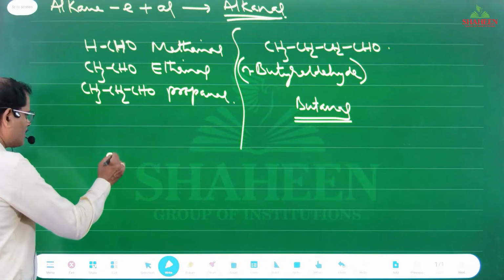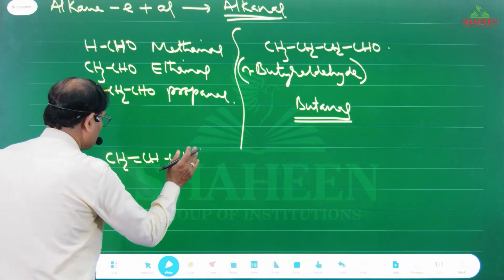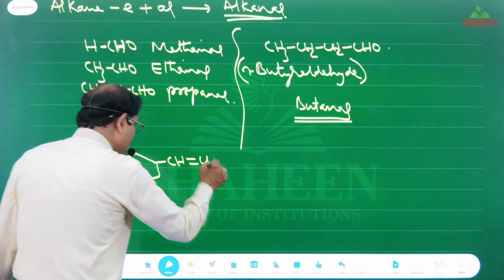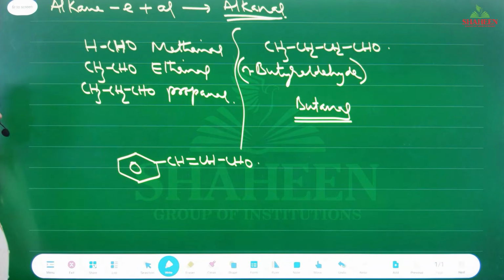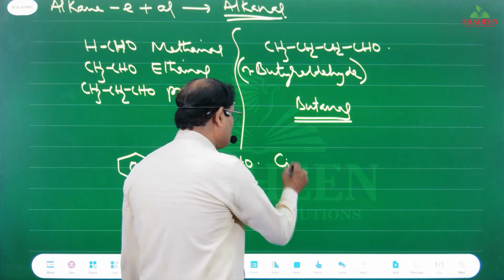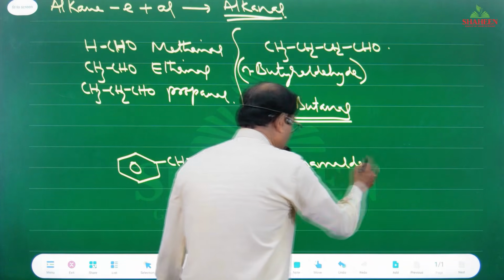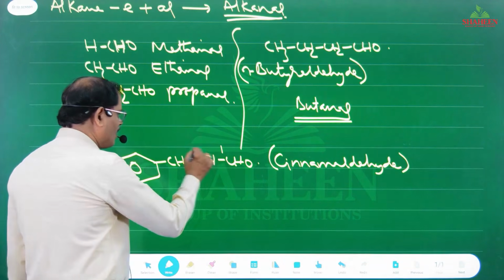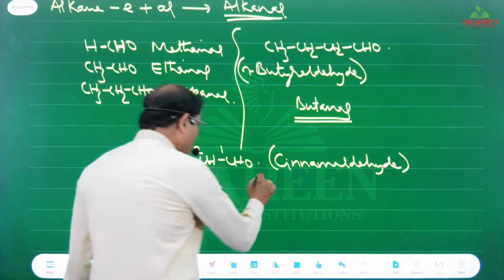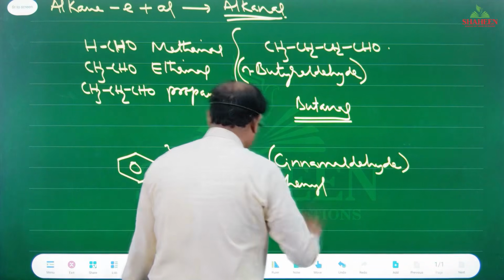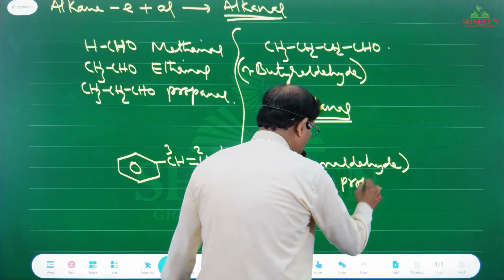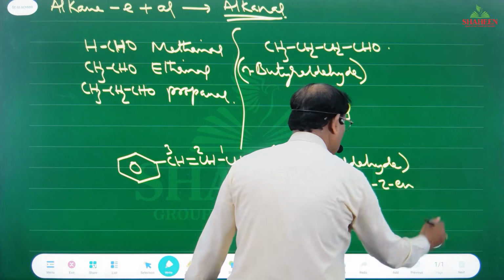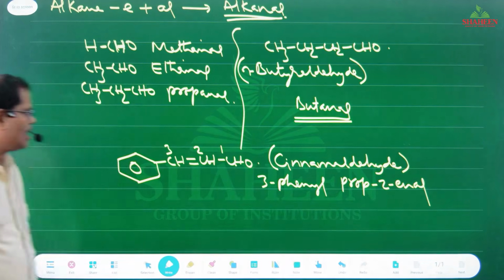And also we have CH double bond CH and CHO. The common name is cinnamaldehyde. And the IUPAC name, numbering 1, 2, 3, is 3-phenylprop-2-en-1-al, or 3-phenylprop-2-enal.